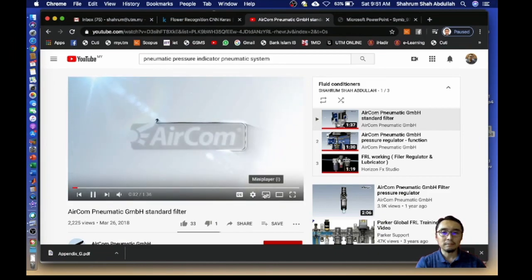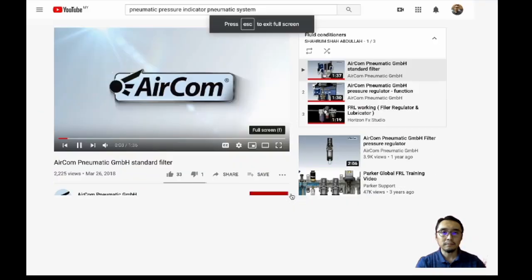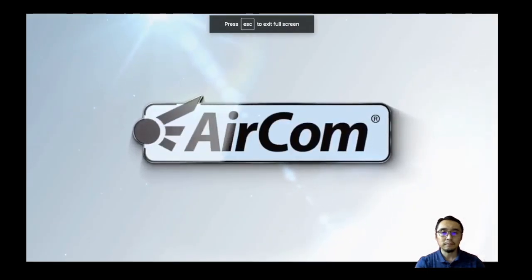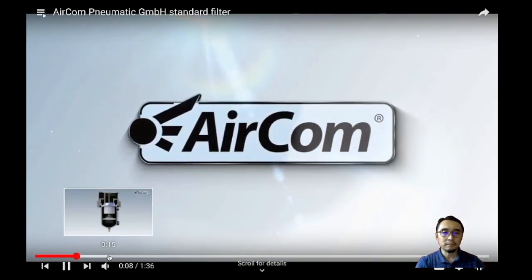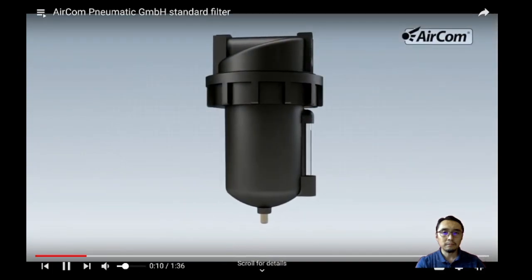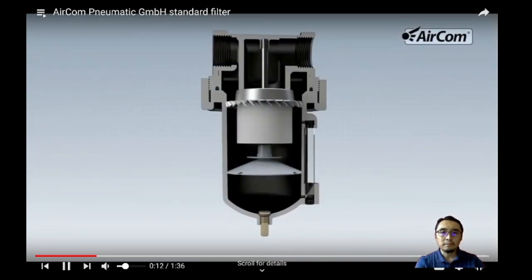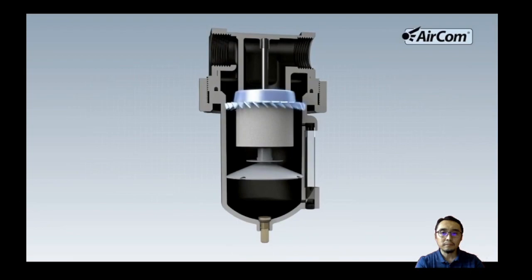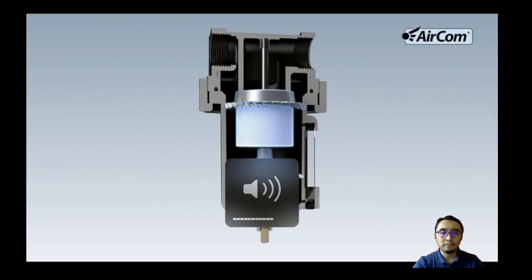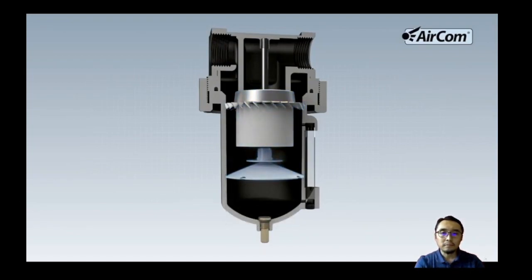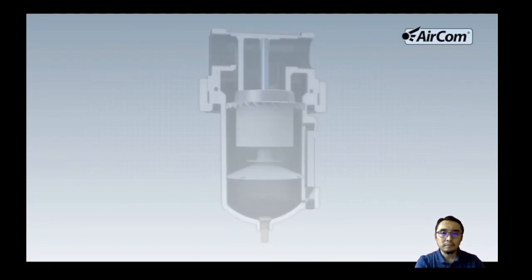Okay. Aircon Pneumatic, the specialist for pressure and volume flow control. Function of a standard filter. The internal parts of a standard filter are made up of a deflector, the filter element, and the baffle. All parts are suspended on a stay bolt and attached to the filter housing.